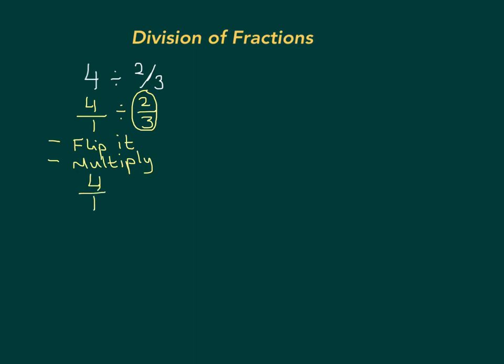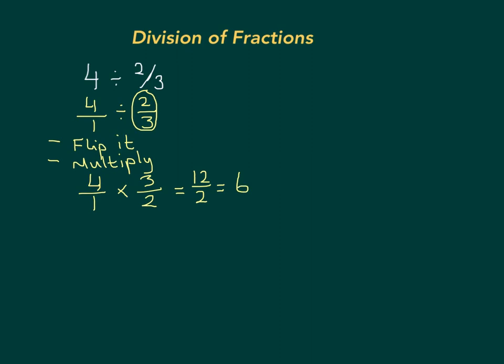That fraction stays the same, multiplied by 3 over 2. And from our multiplication, we know that we multiply our numerators and then multiply our denominators. We get 4 times 3 is 12, 2 times 1 is 2, and 12 divided by 2 is 6.